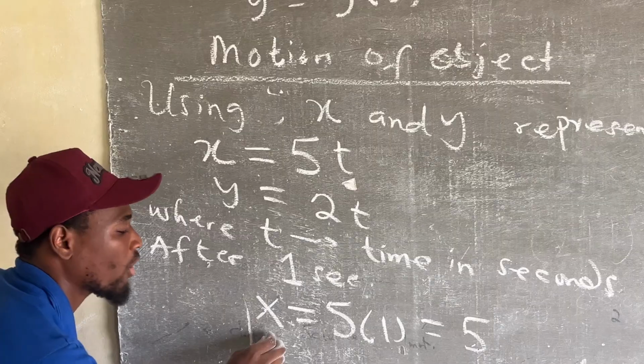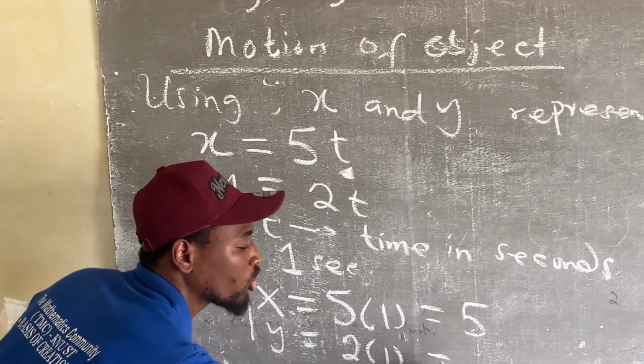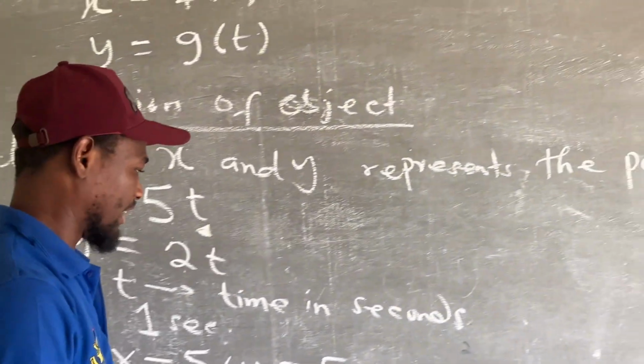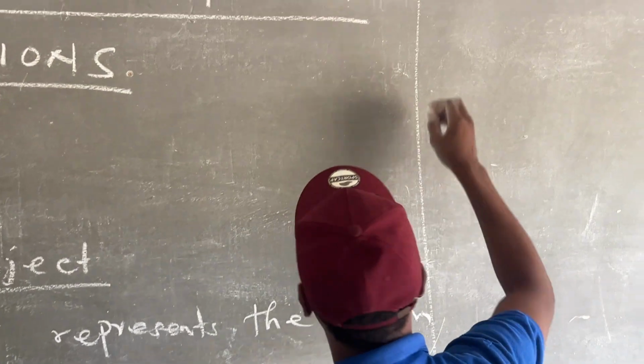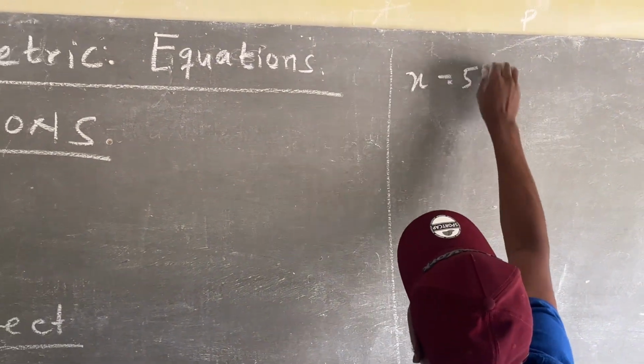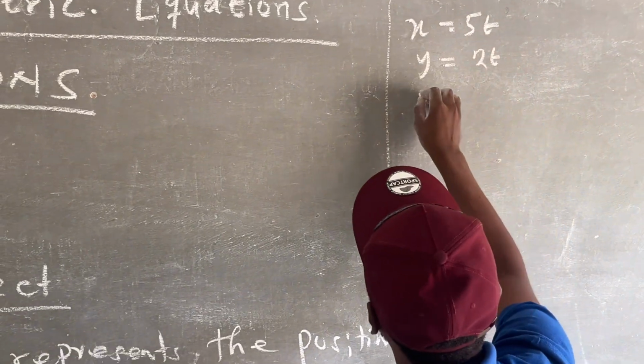Then my y becomes 2 times 1, which is also equal to 2. Now viewers, remember, we said x is equal to 5t and y is also equal to 2t.